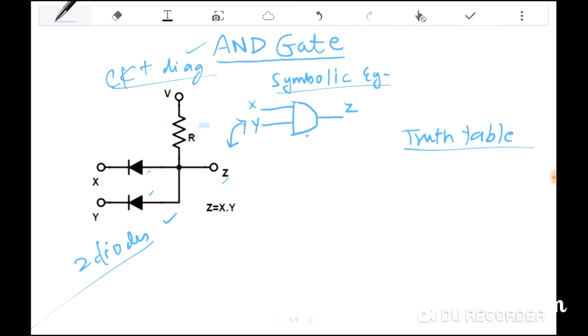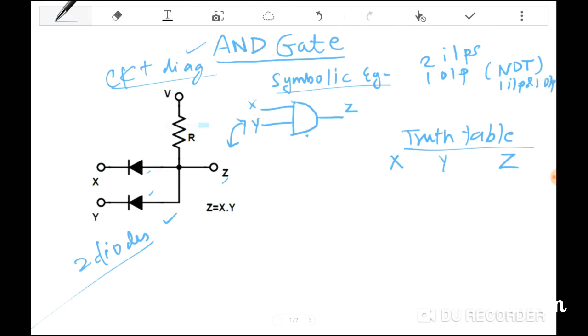So the first input is X, the second input is Y, and the output is Z. As I have told you, logic gates generally have two inputs and one output. The only exception is, yes, correct, the NOT gate. It has one input and one output.